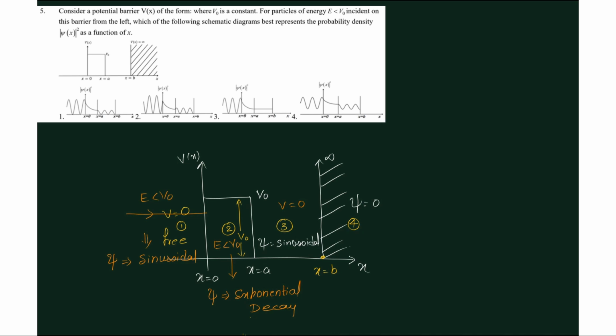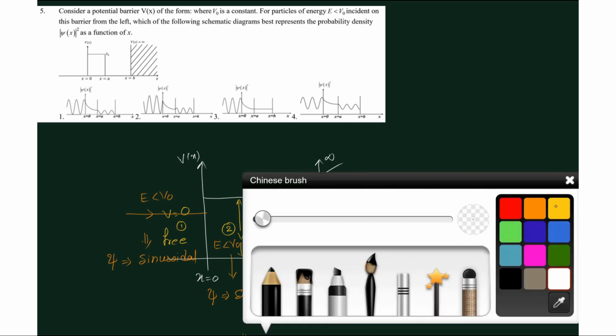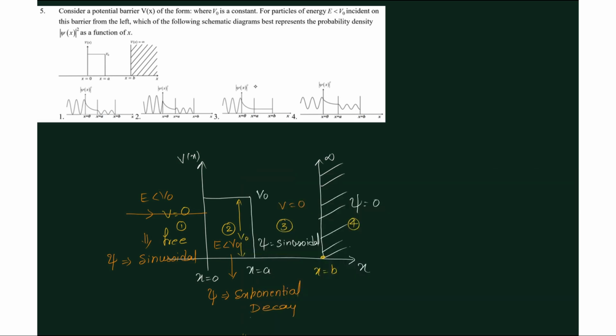By taking all these things into consideration, we can say the third one is not the answer. The reason is that in the third region, that means A to B, we need sinusoidal, but there is no sinusoidal, so the third one is not the answer. The first, second and fourth have sinusoidal, but the fourth one is not the answer.